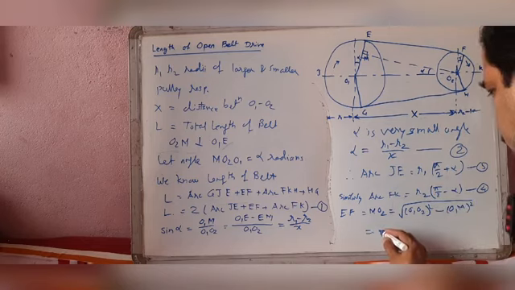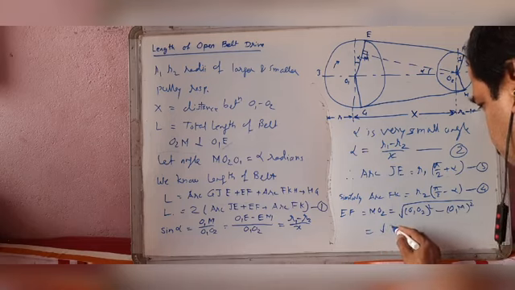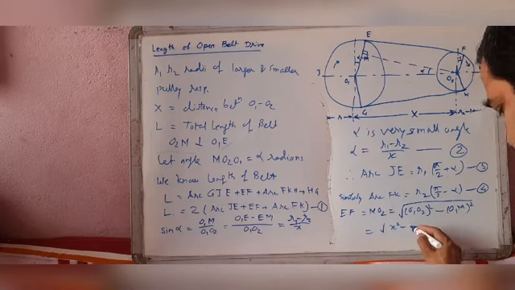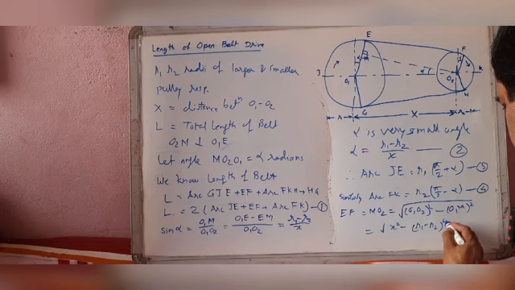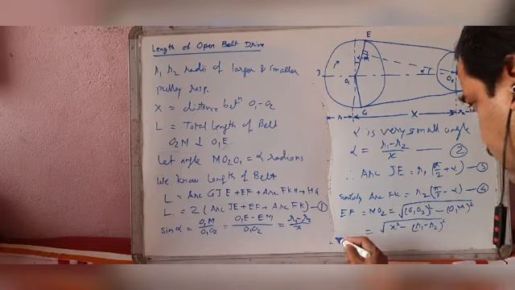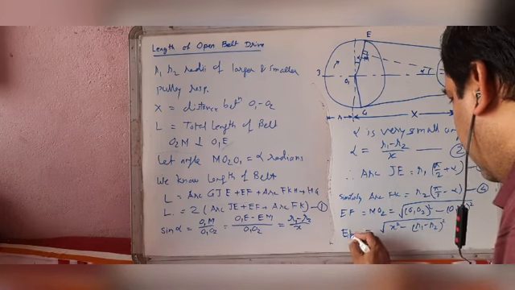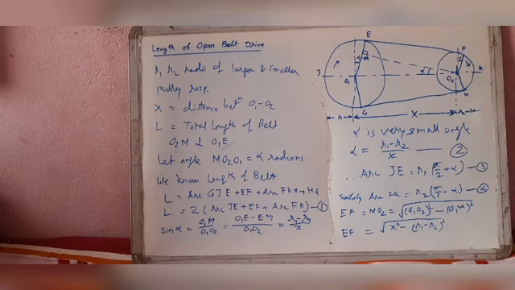So that is equal to the square root of X squared minus (R1 minus R2) squared. This is the value of EF.